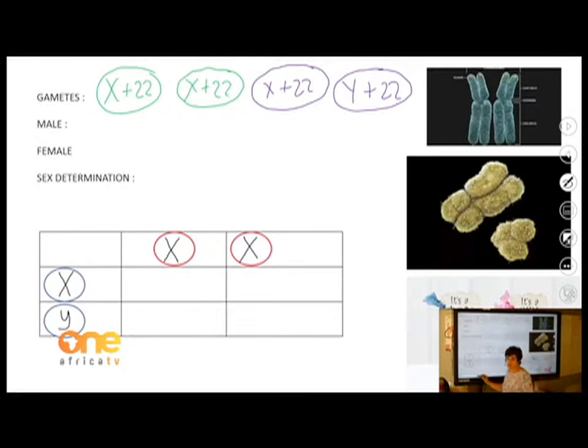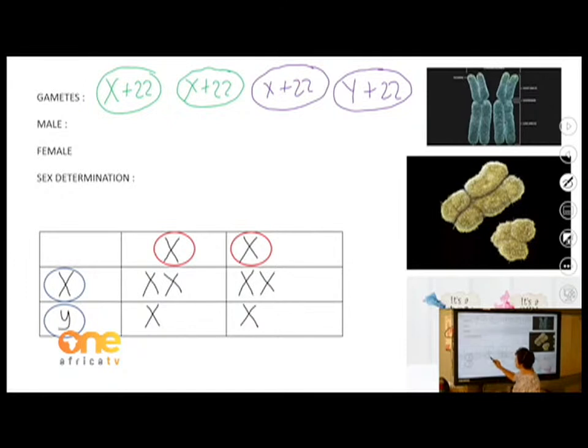The male. Because the female has only an X. She can only add an X to the baby. It's only the male that can decide.